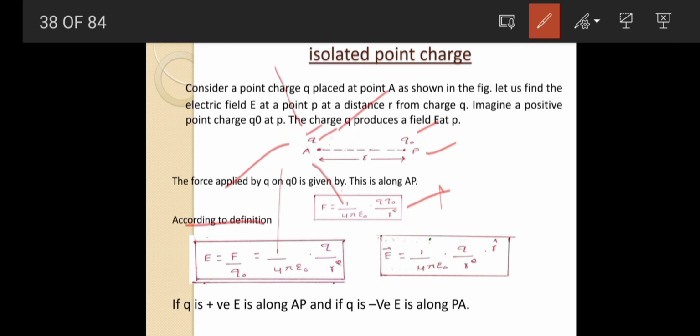Electric field strength is the force experienced by a unit positive charge at that particular point. Now, E is equal to 1 by 4 pi epsilon naught into Q by r square.